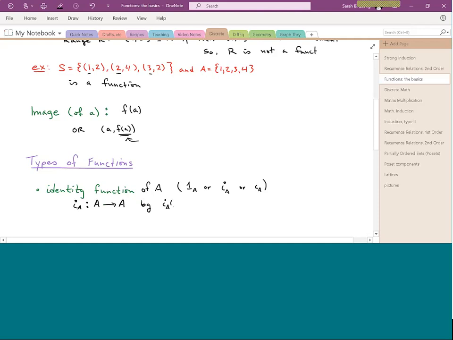If you plug in some little baby element a from building set A, and notice here, unlike previously where we would have to say that this little element a is coming from building set A, because we've already established that our function is going from A to A, this tells you that that symbol has to come from our domain right here. But the formula to get an identity function just says, hey, whatever you plug in, you get it out.